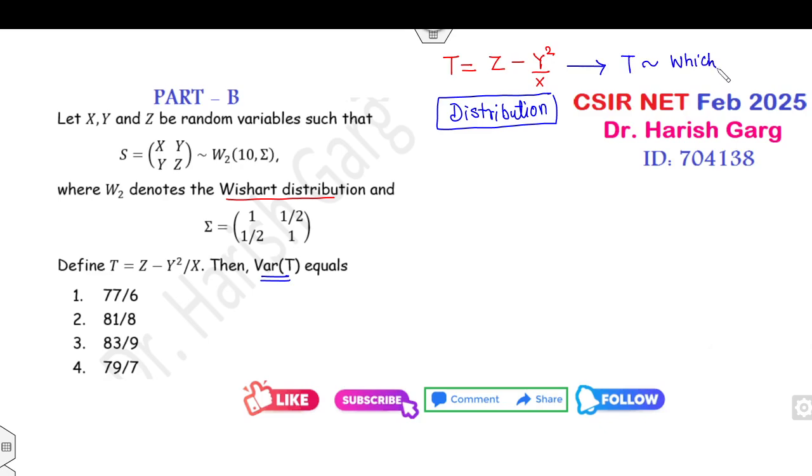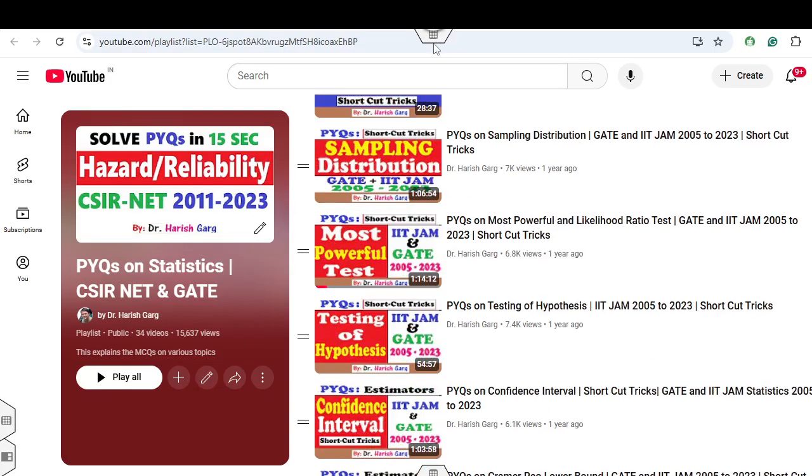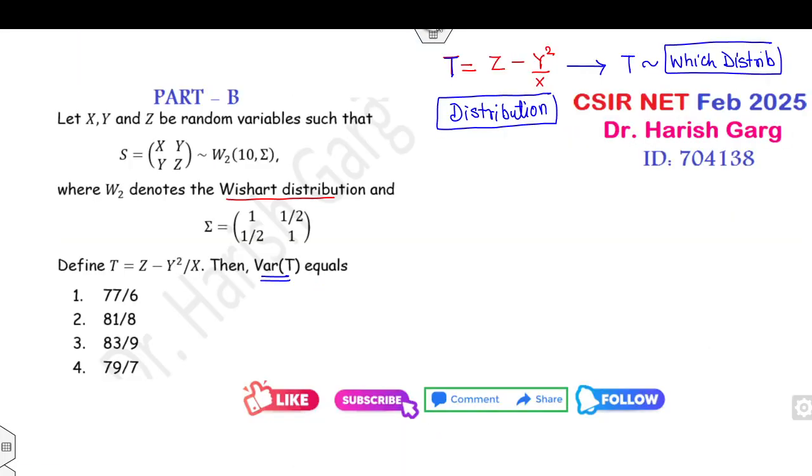If I know that T follows the binomial distribution, then we know how to find the variance. If we know that T follows the chi-square distribution, again we know how to find the variance, and so on. For more details, you can watch my lecture on sampling distributions, like the PYQ of sampling distributions.